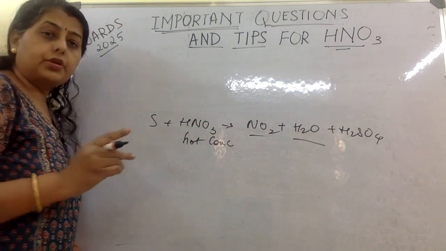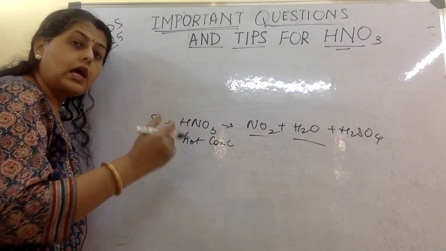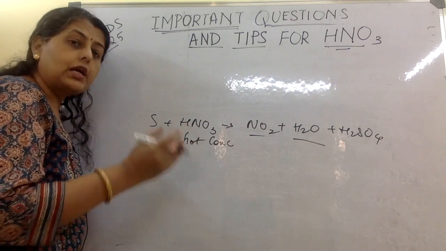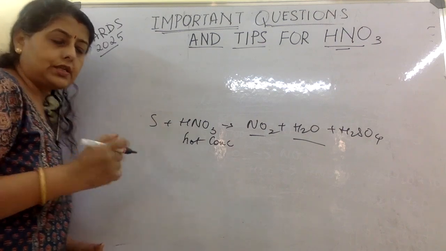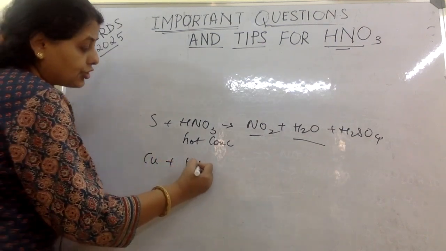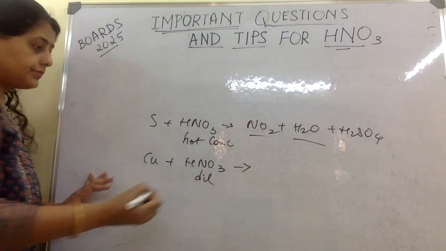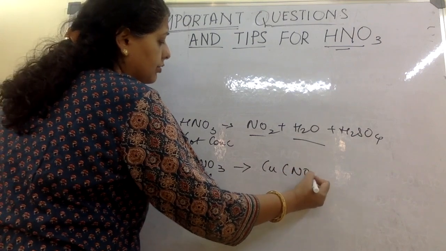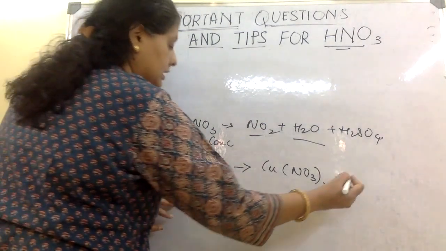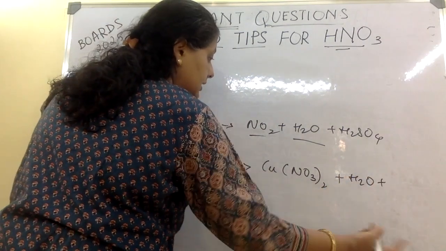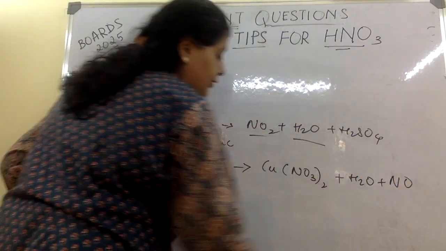Now, two very important equations asked in ICSE very often are how nitric acid behaves with copper when it is dilute, and how it behaves with copper when it is very concentrated. First, copper plus dilute HNO3 gives copper nitrate, Cu(NO3)2, plus H2O, plus the gas that is given out, nitric oxide, NO. You can balance it.